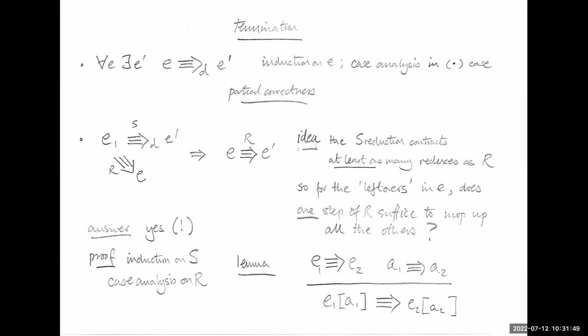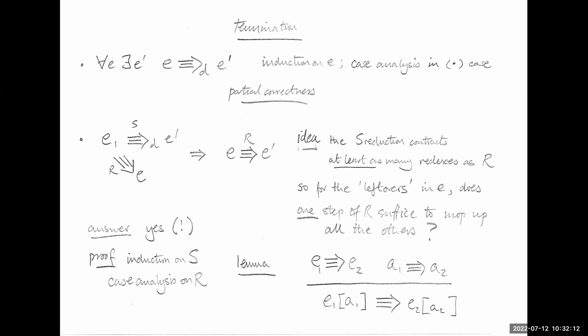And so whether this is true or not depends on whether for those leftover redexes, can we contract them all inside one R step to get back to the S result? And the answer is yes. Now, I'll show you this in a minute.